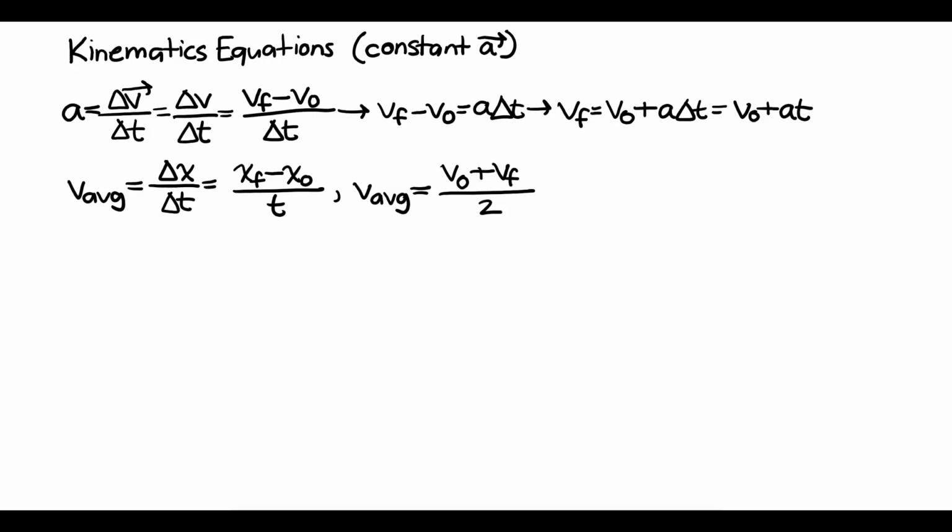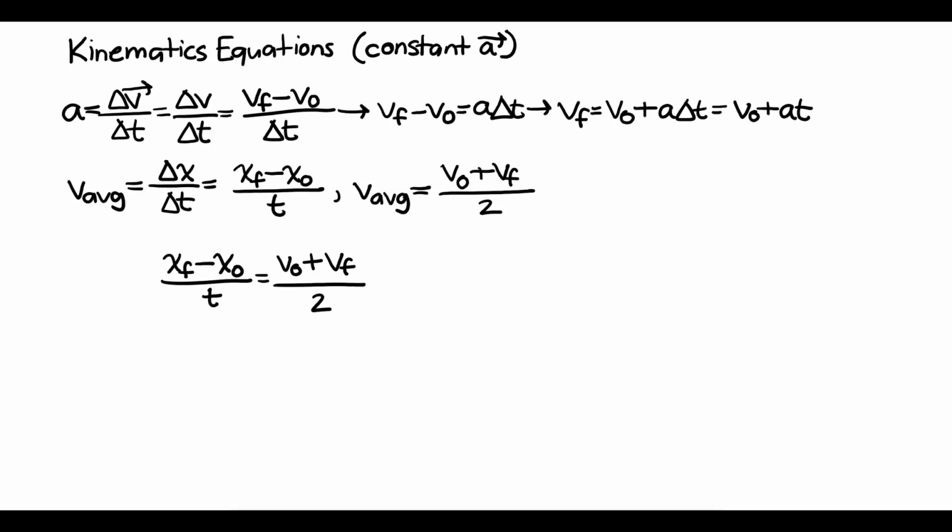So this is our average velocity. So we have two different ways of expressing average velocity, and what we're going to do is equate them to each other. So we have xf minus x naught over t equals v naught plus vf over 2.